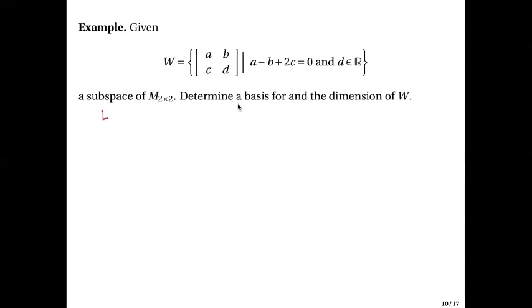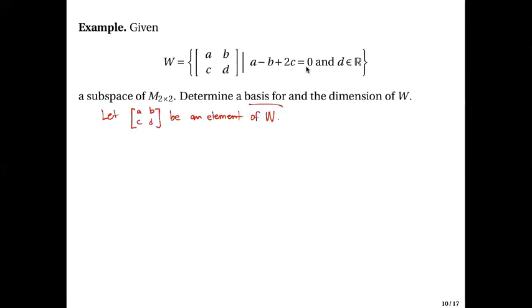So again, we start with an element of W. So let A, B, C, D be an element of W. Since this guy here is an element of W, this condition must be satisfied.